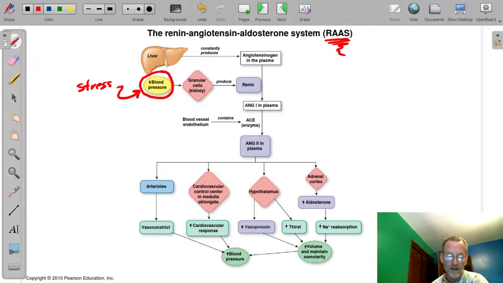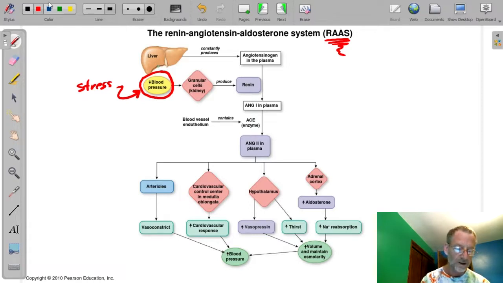Drop in blood pressure. They've put the liver in here, constantly producing plasma proteins, in this case, angiotensinogen. Drop in blood pressure. The granular cells of the kidney produce and release renin.